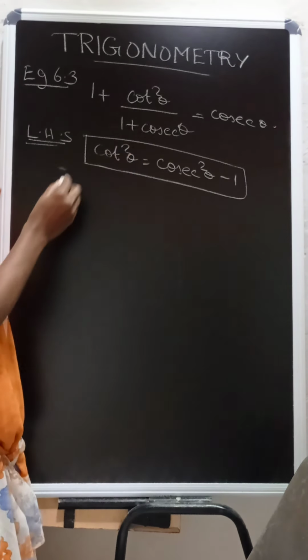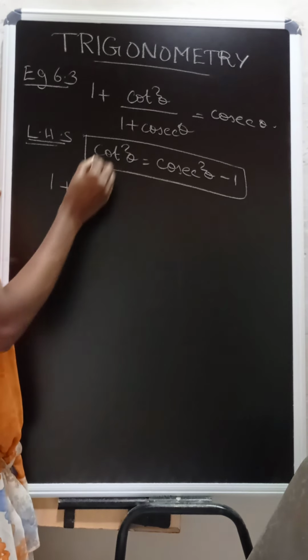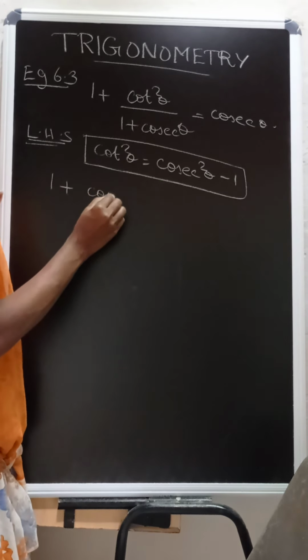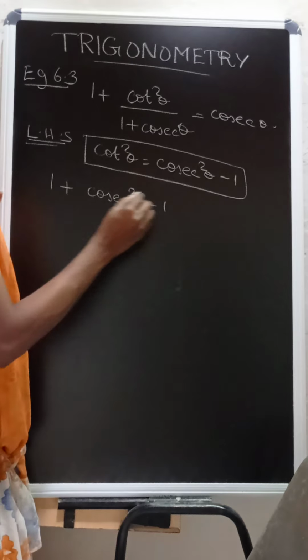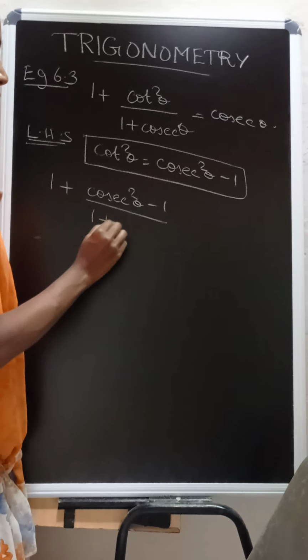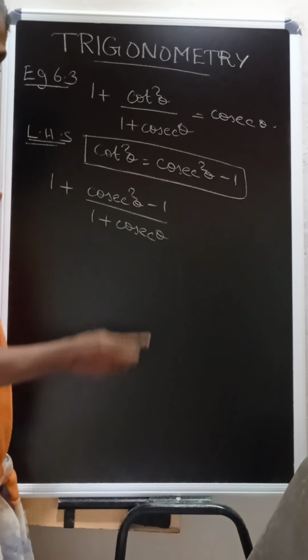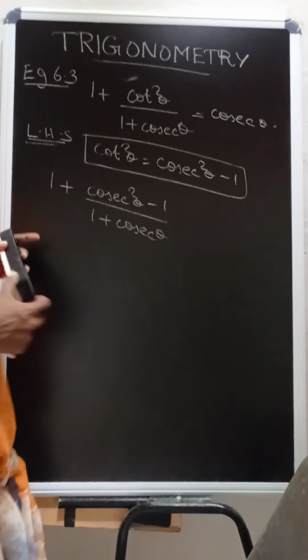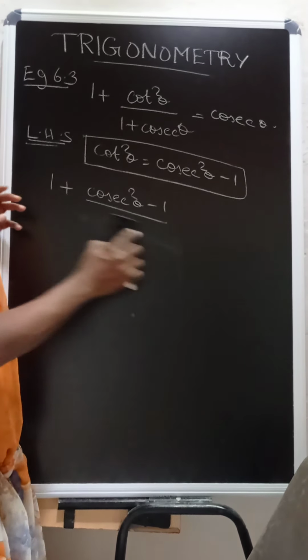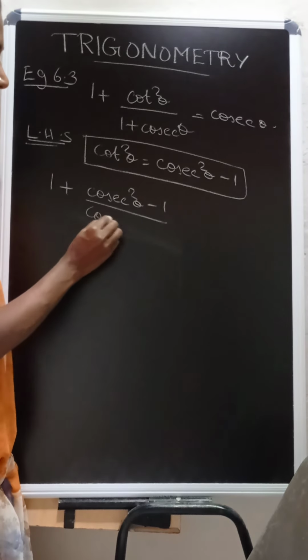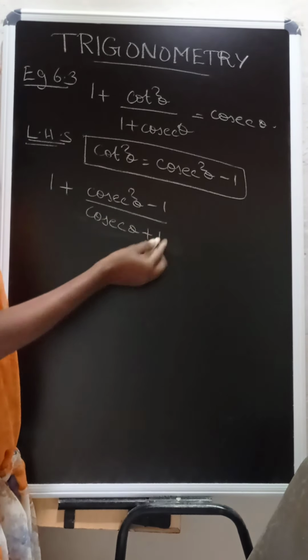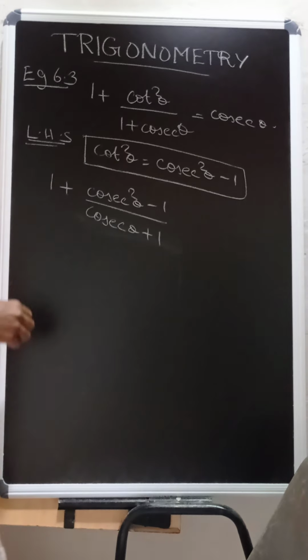So I am going to use the identity here. So this becomes 1 plus cosecant square theta minus 1 by 1 plus cosecant theta. This 1 plus cosecant theta, I am going to write as cosecant theta plus 1. Nothing is going to change: 1 plus cosecant theta is equal to cosecant theta plus 1.